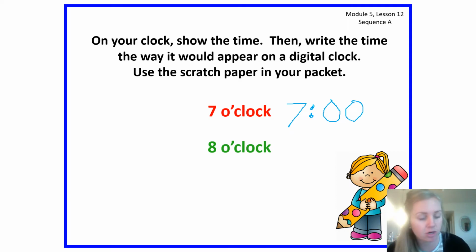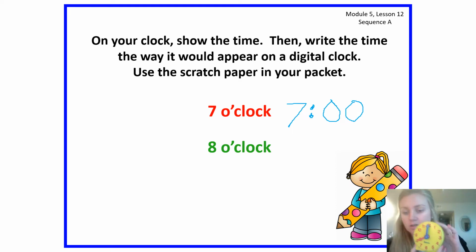Next time, show me 8 o'clock on your clock and write 8 o'clock digitally in your scratch paper. You have 10 seconds. 10, 9, 8, 7, 6, 5, 4, 3, 2, 1.